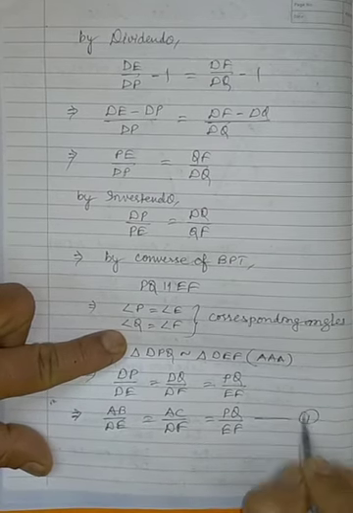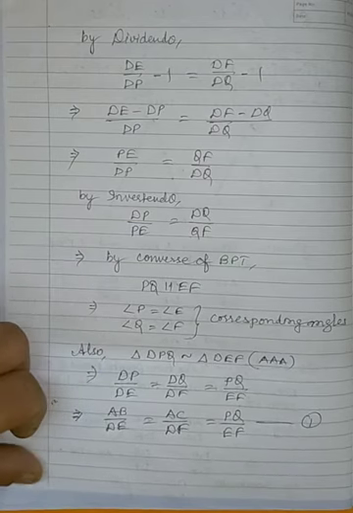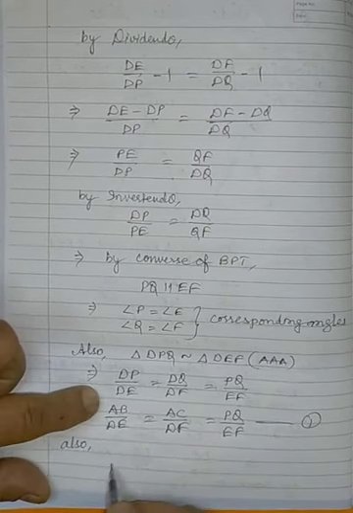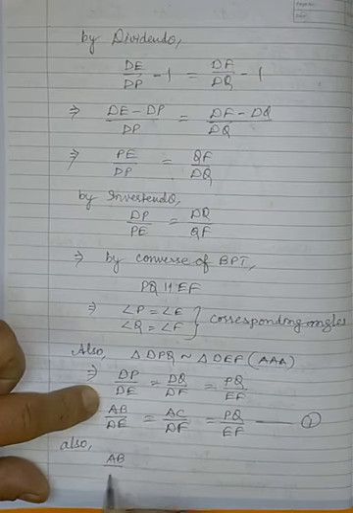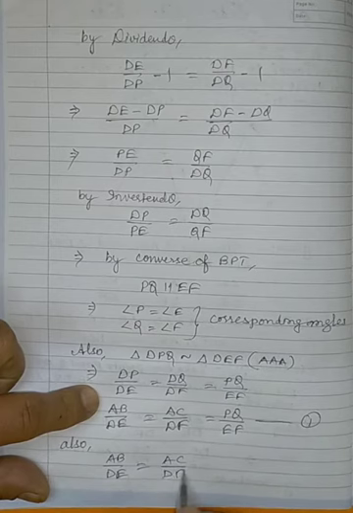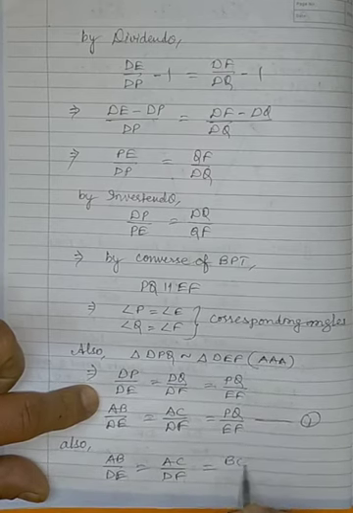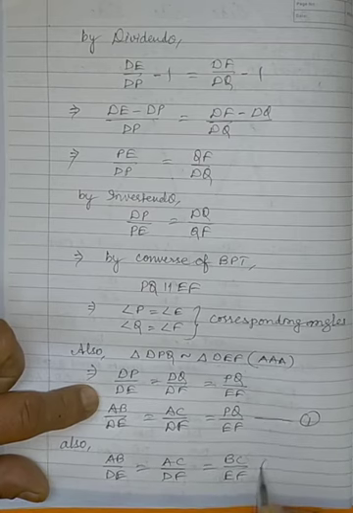Let this be the first relation. And also we are given that AB upon DE is equal to AC upon DF is equal to BC upon EF.